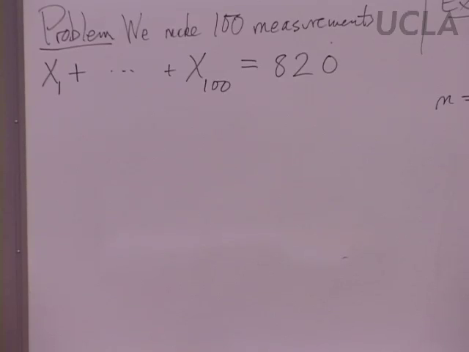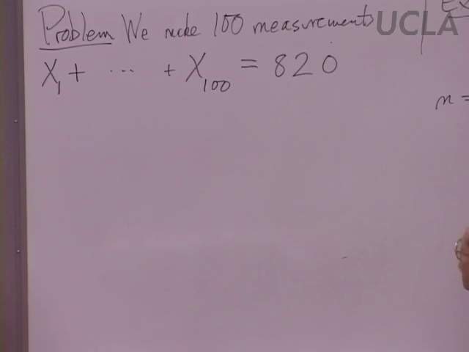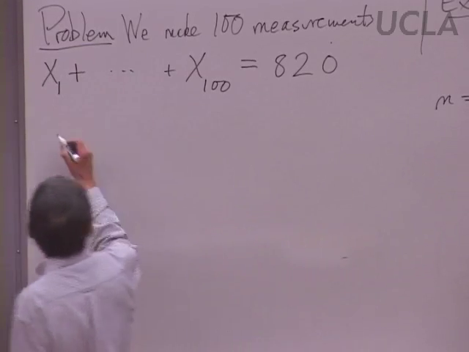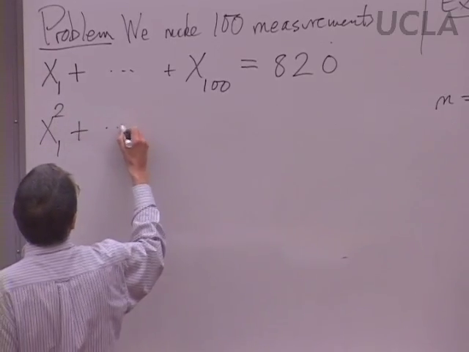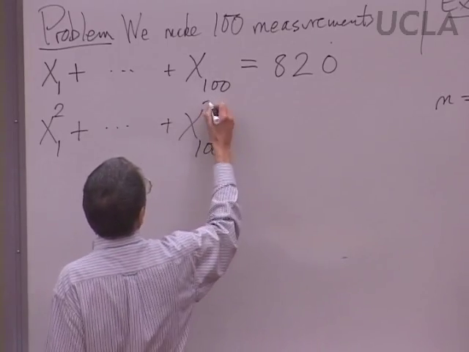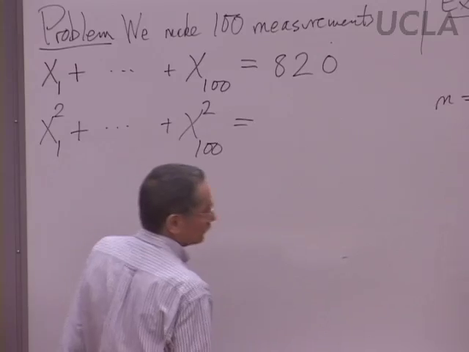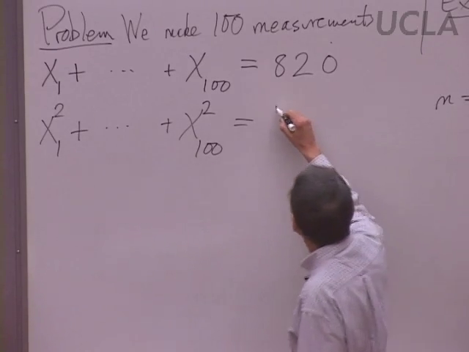Well, so we know the sample mean, it's 8.2, but that's not going to be enough information to calculate, say, the sample standard deviation. But suppose we also know what the sum of the squares of the measurements is. That it's 7,700.